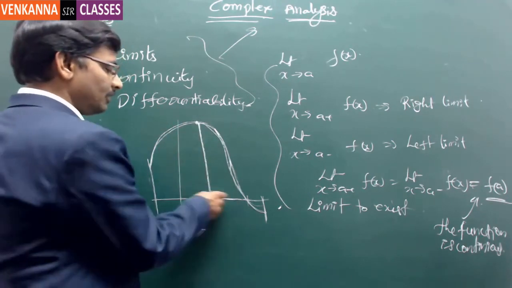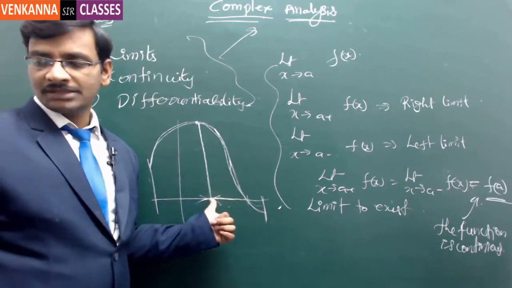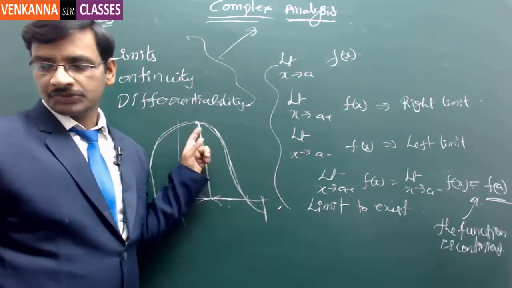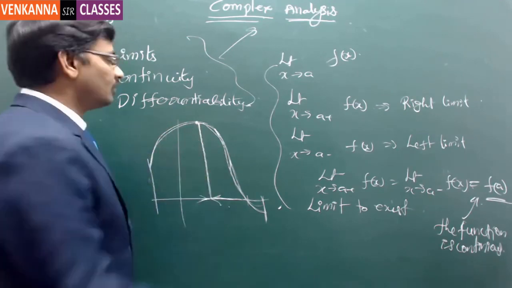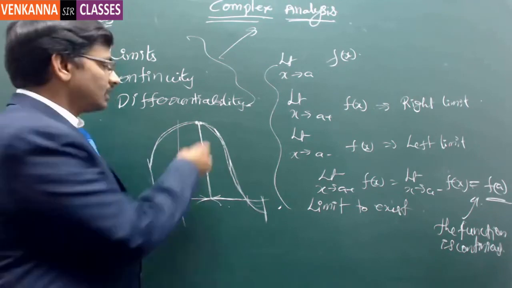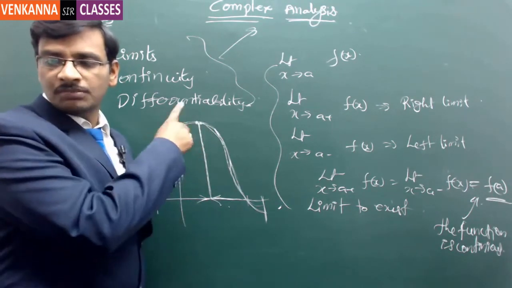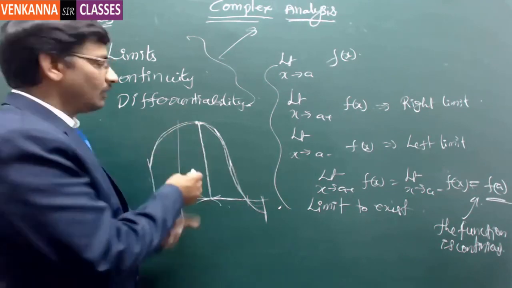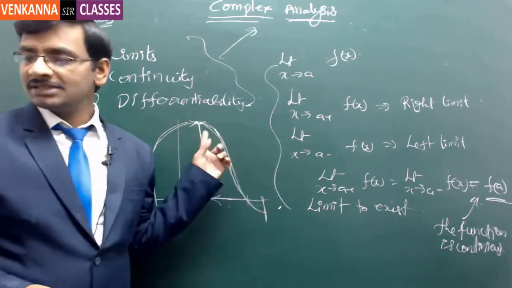Similarly, from the right side also, you are approaching the function value, but you have not reached that point. That is what we call the approaching value of the function. So it is close but not equal. Left side also close but not equal. Now if these two are equal, then we say that the limit exists at that particular point.